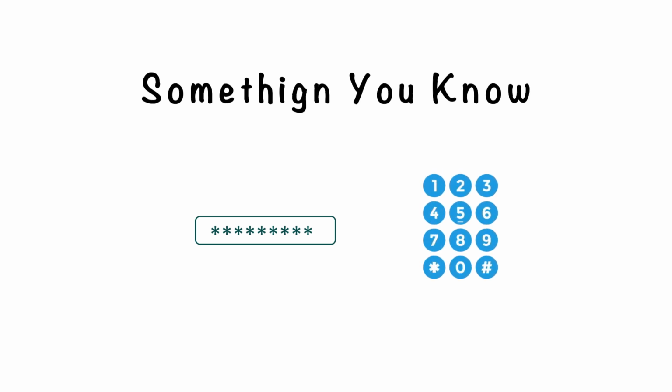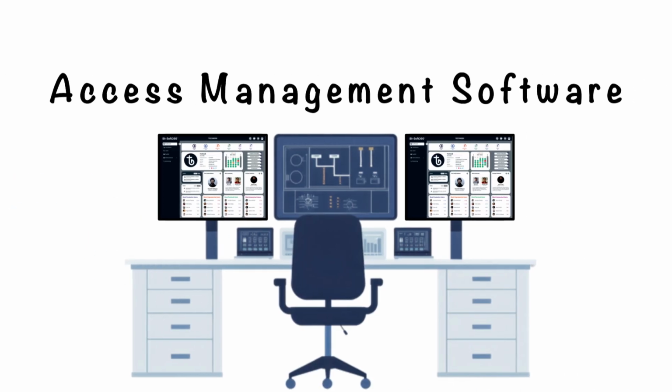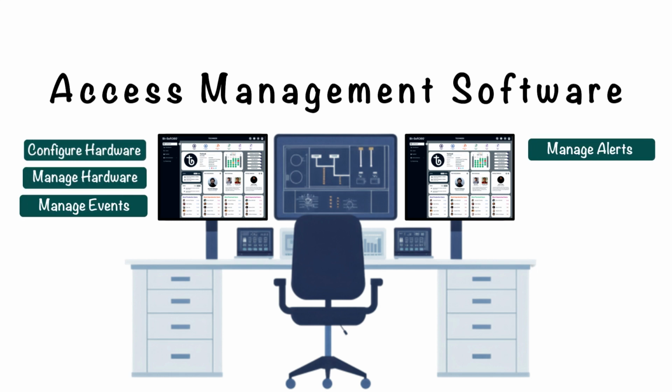The must-have access component is the access management software. Any access control system requires software to configure and manage the hardware, events, and alerts. This software stores user information and their schedule rights, and an administrator can assign or revoke user access with just a click of a button.